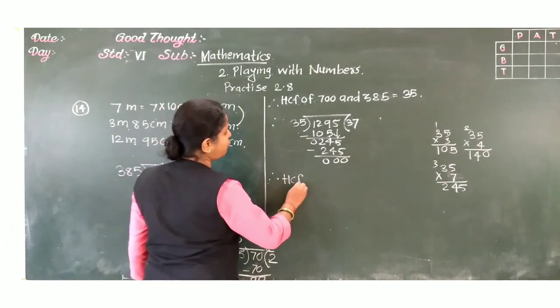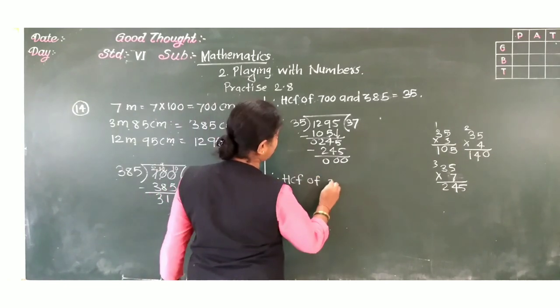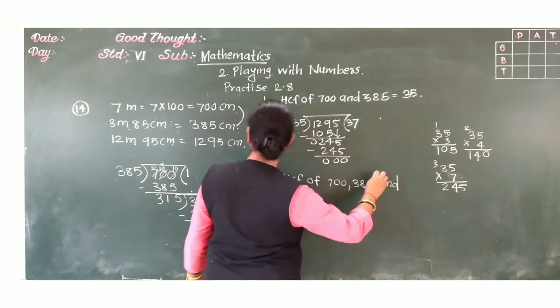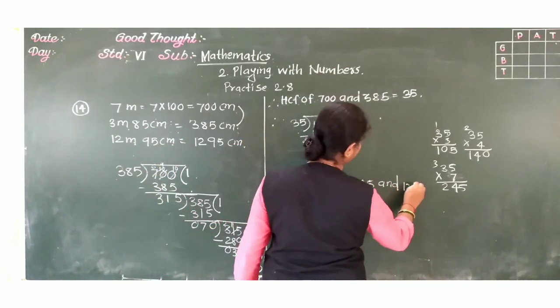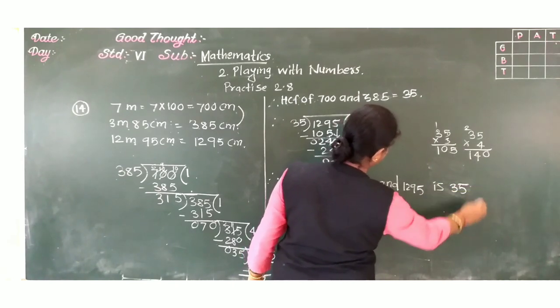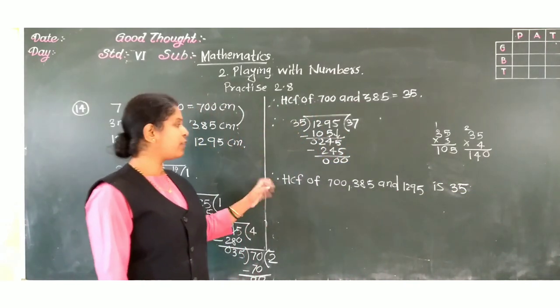Therefore, HCF of 700, 385 and 1295 is 35. Okay, we got 35.